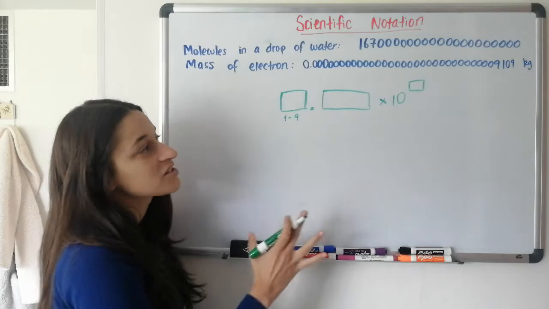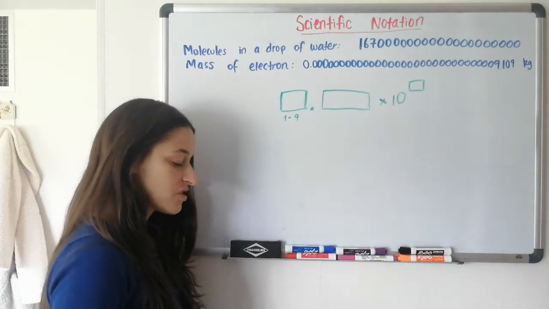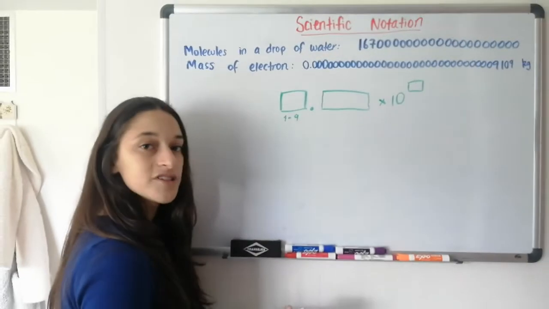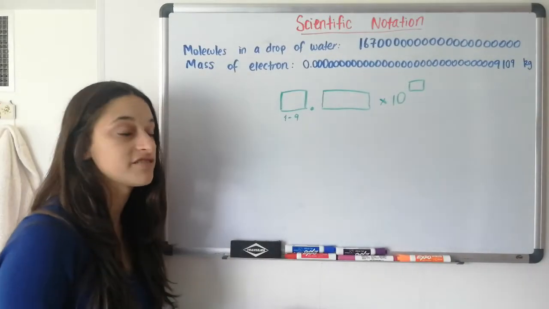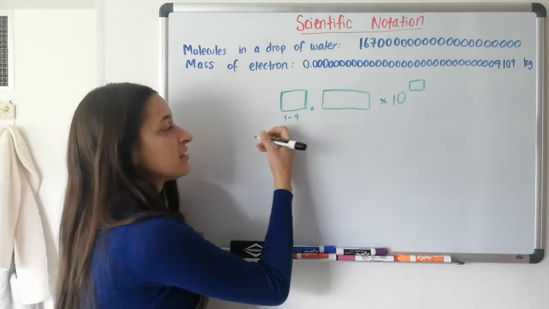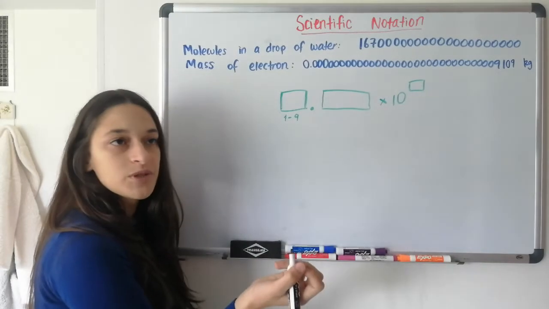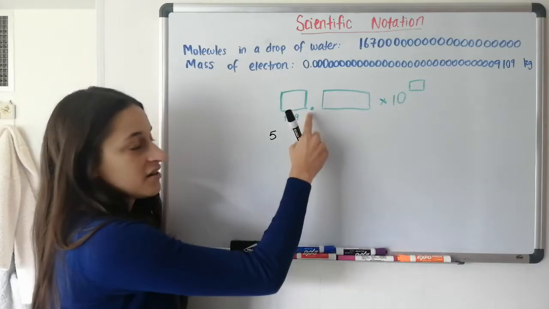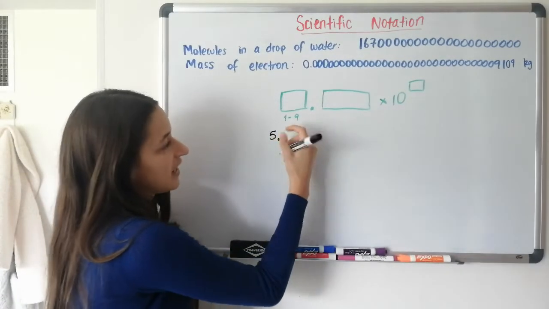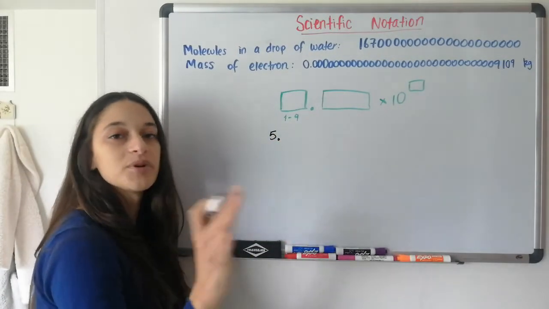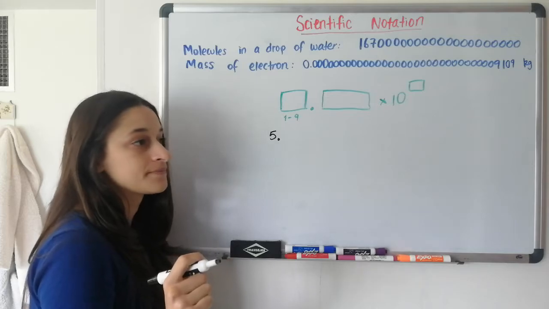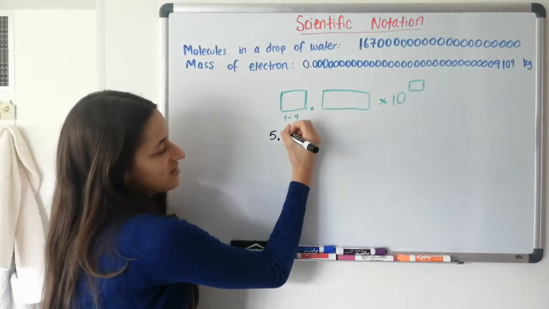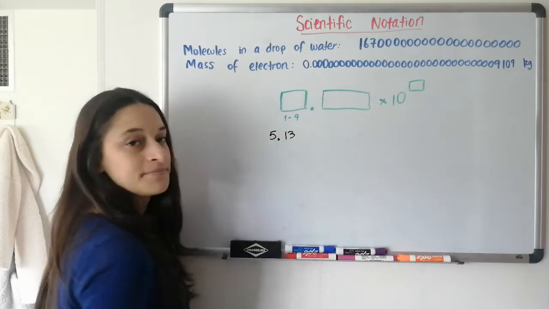Okay, so maybe this makes no sense, so I'm going to start with a couple of examples. An example of a number in scientific notation can be, let's say for the first number, any number between 1 and 9, let's say 5, then a decimal point, and any number with any number of digits. So let's say 13.